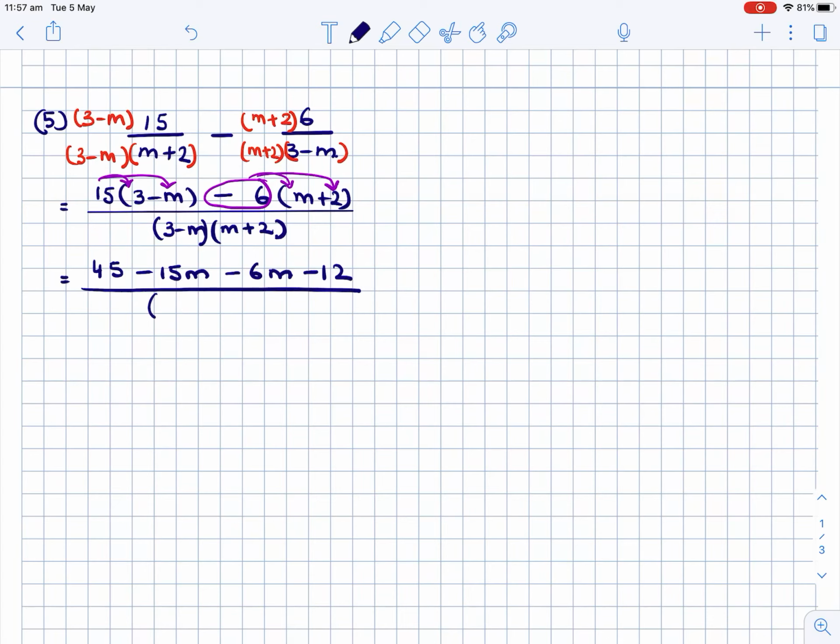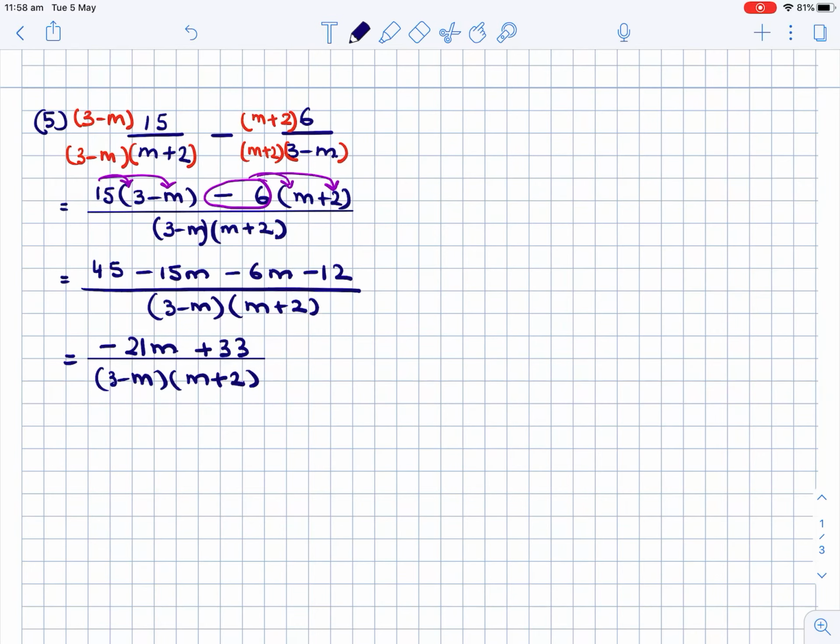You keep writing the denominators as it is. There is no need to expand the denominator. Now if you collect the like terms, -15m and -6m is -21m. 45 minus 12 is plus 33. Write the denominator as it is.